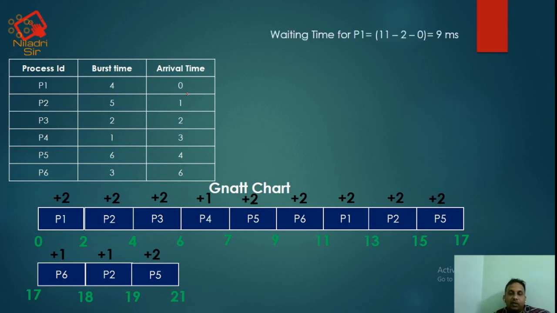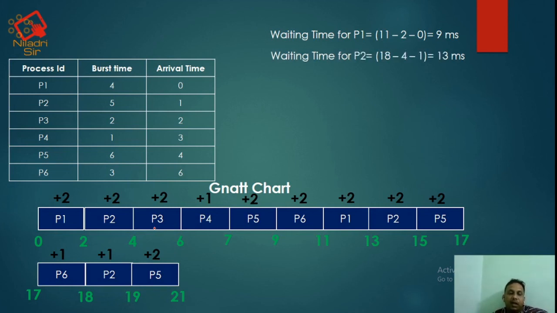That is 9 microseconds. What will be for P2? P2 has last executed here. So starting is here. 18 minus arrival. How many times has it been executed? 1, 1, 1, 1, 2. Okay. So for 2 times it has been executed. So 4 microseconds.